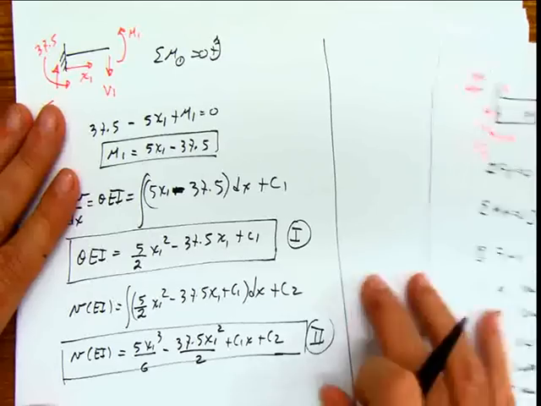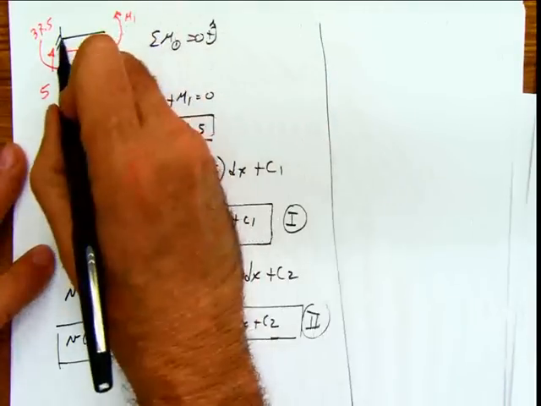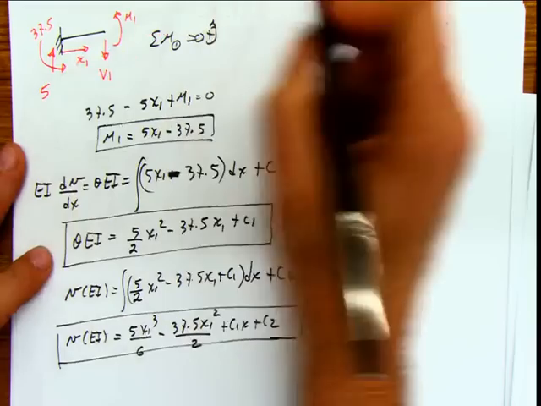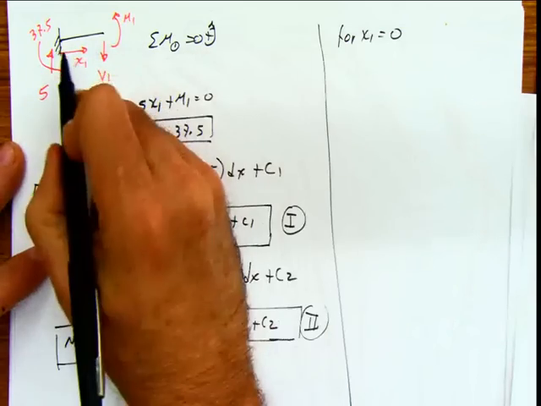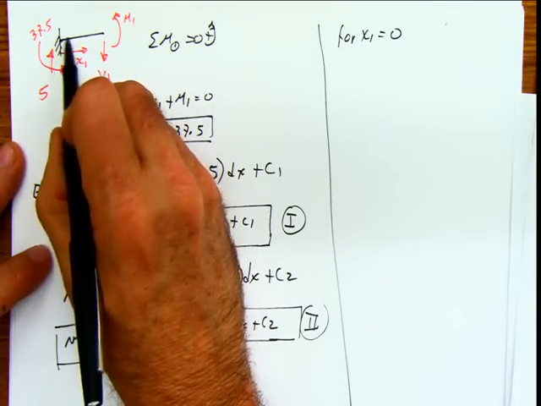If I'm using this part here, what do we know about this end? We know that at this end, for x1 equals 0, my slope here is 0 because this is a fixed support.